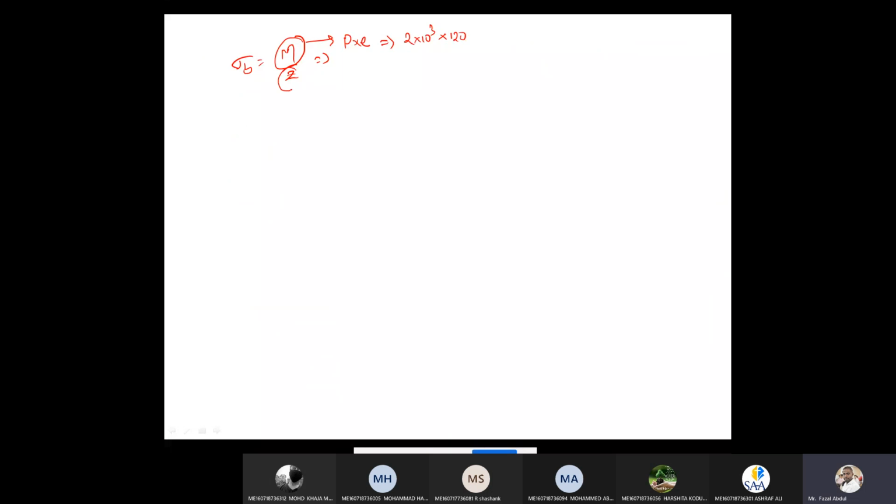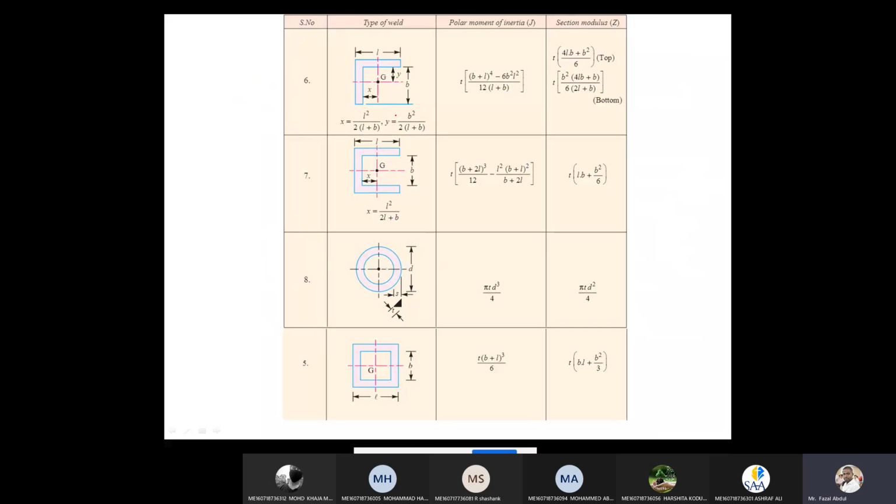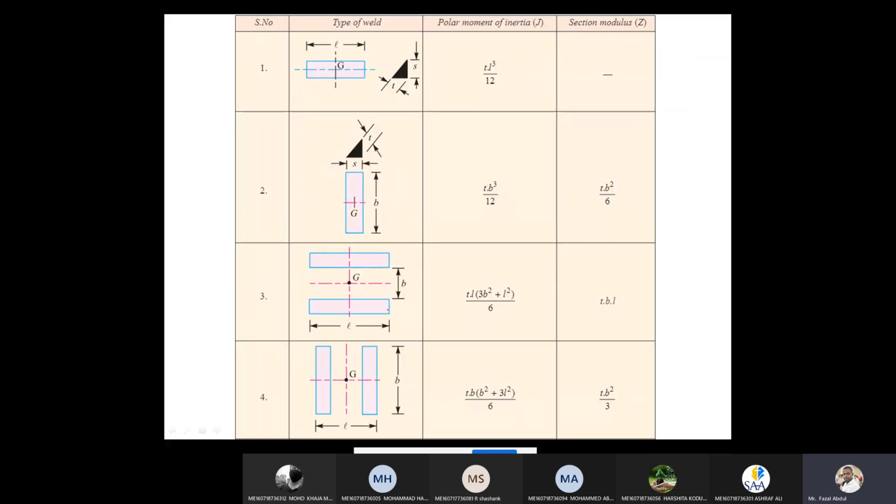Now what is Z? Z is the section modulus. The section modulus values we need to take from the table, where cross sections are given. According to the cross section, we select the values.